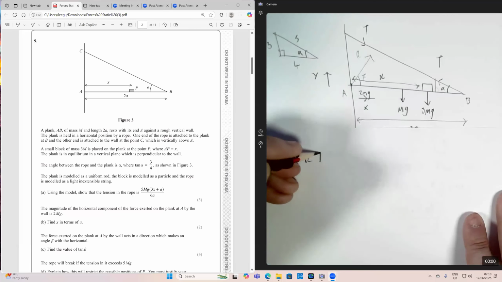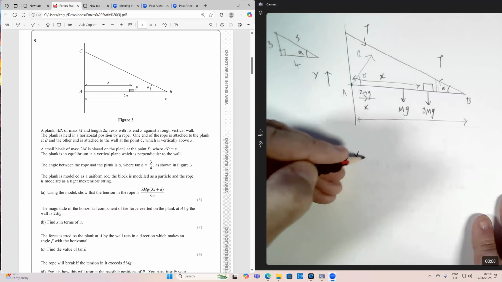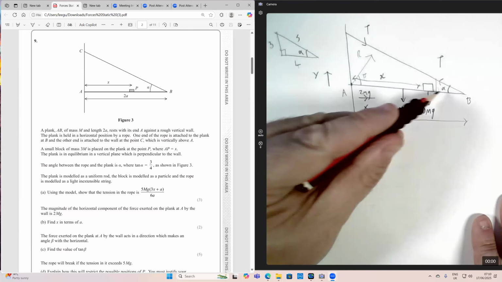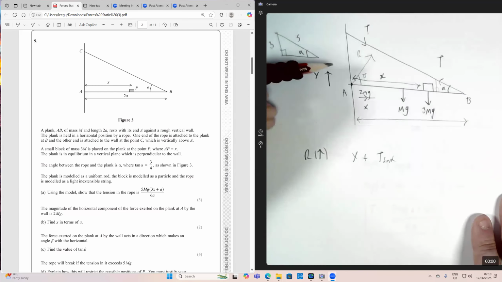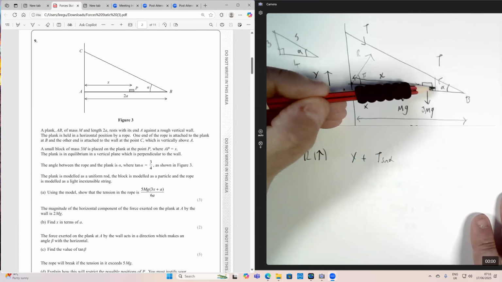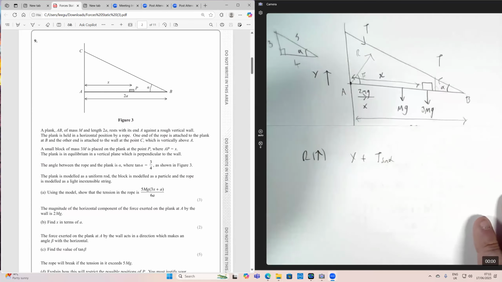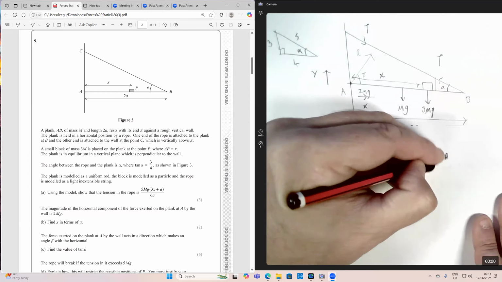So let's resolve vertically. We've got Y, and we've also got T sine alpha. Those are our 2 vertical components. We've got that T sine alpha here, and we've got Y there, and that is going to equal mg plus 3mg.